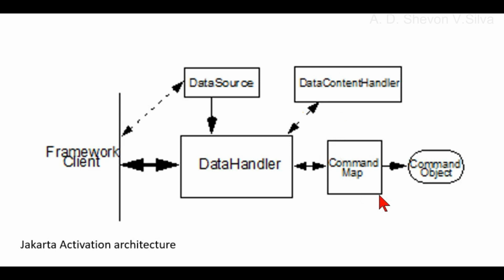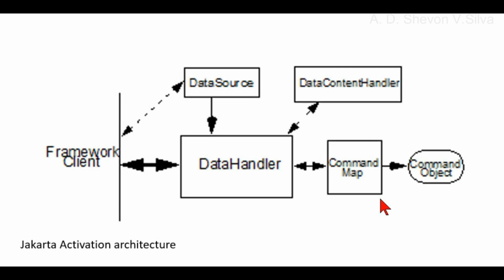The image GIF data content handler converts the image object into a GIF-formatted byte stream. Applications will typically need to provide data content handlers for all the MIME types they intend to support. Note that the Jakarta Mail implementations provide data content handlers for many of the MIME types used in mail messages.